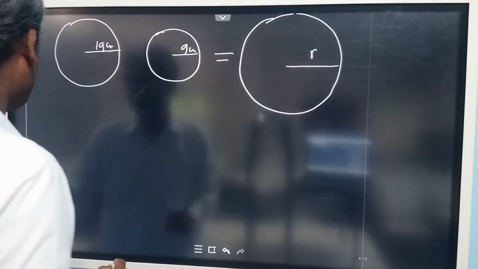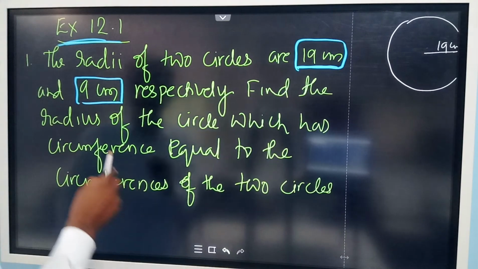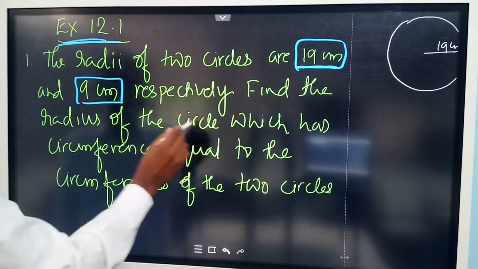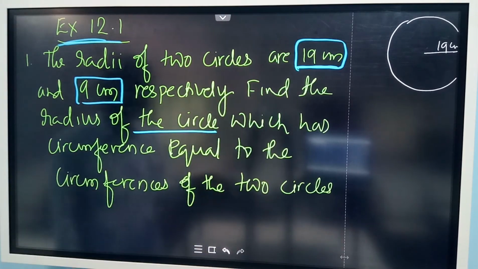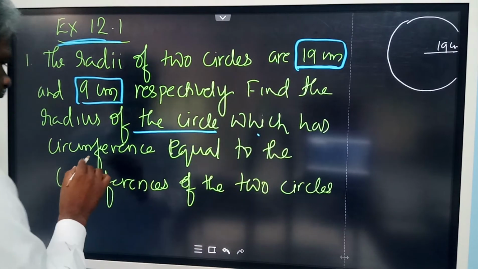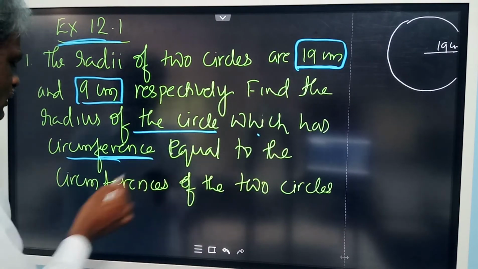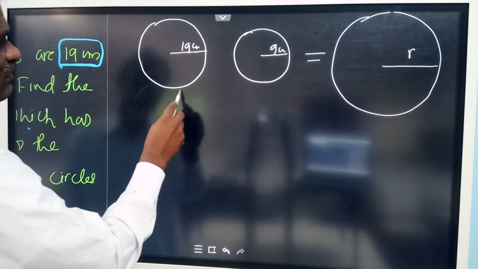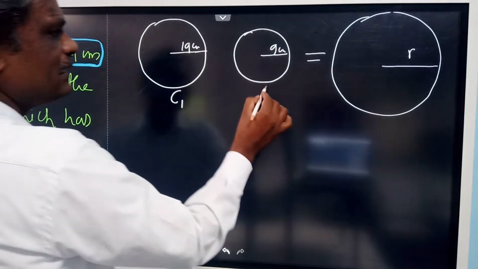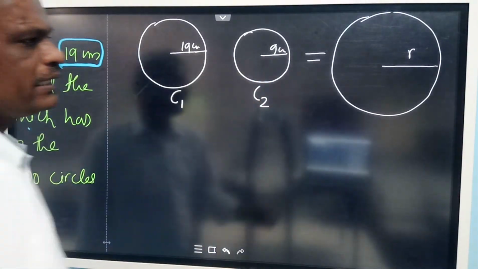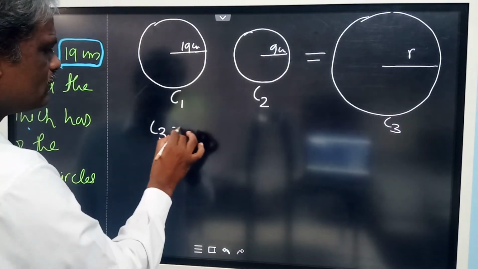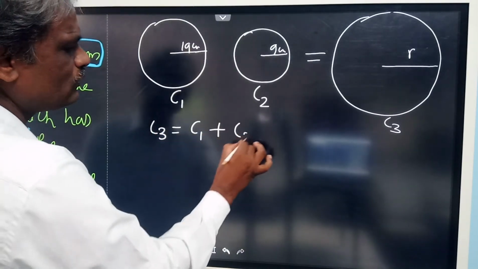What is the condition they have given? You have to find out the radius of another circle that has the circumference equal to the circumference of these two circles. Suppose the circumferences are C1, C2 and C3, and C3 will be equal to C1 plus C2.